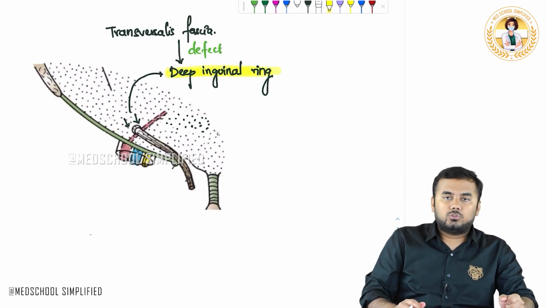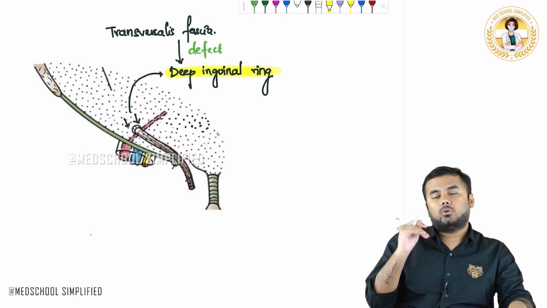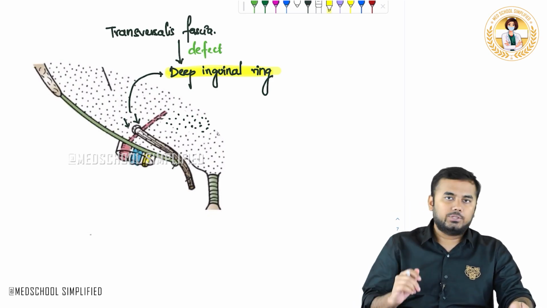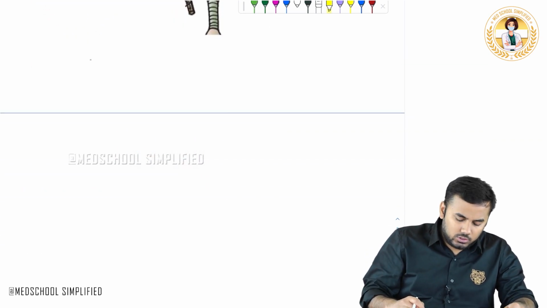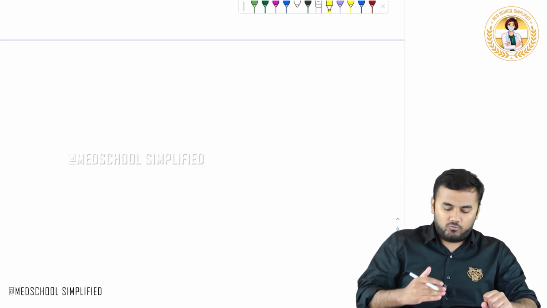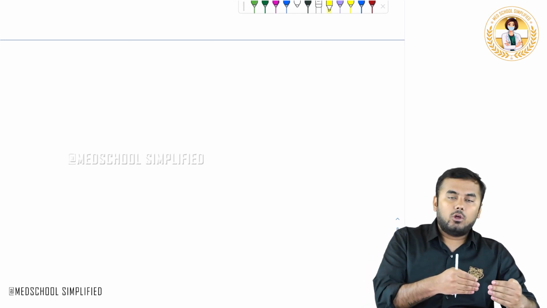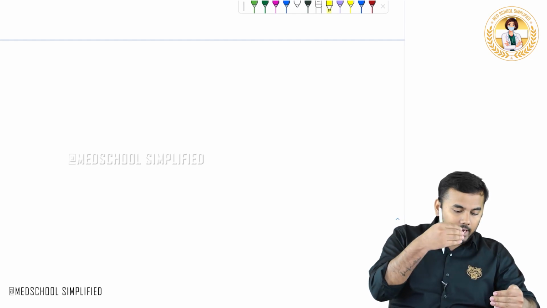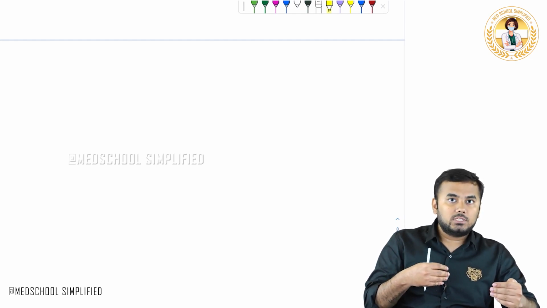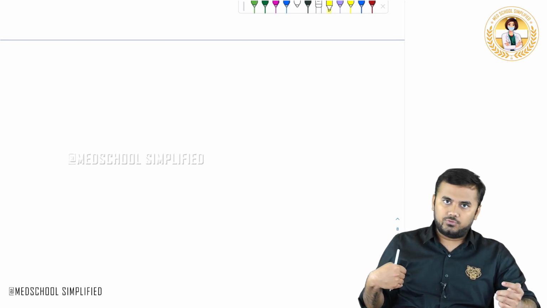Okay, right. So if you are looking from the lateral side, let us see what structures are located on the roof, floor, anterior as well as the posterior wall. Just imagine here, guys. Anteriorly, what is the muscle you have? Anterior most you have the external oblique muscle. Behind the external oblique you have the internal oblique. Behind the internal oblique you have the transverse abdominis muscle. After the transverse abdominis muscle you have the transversalis fascia.